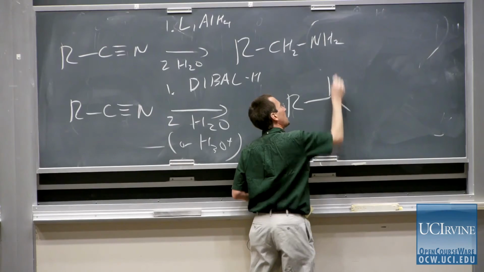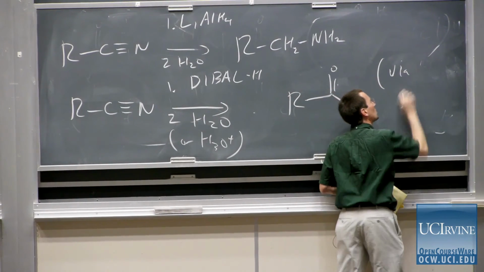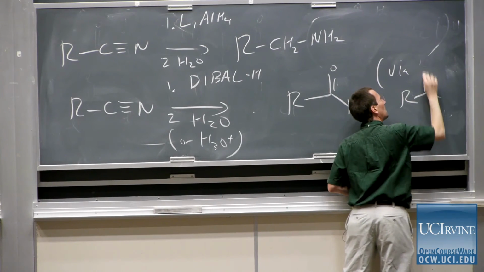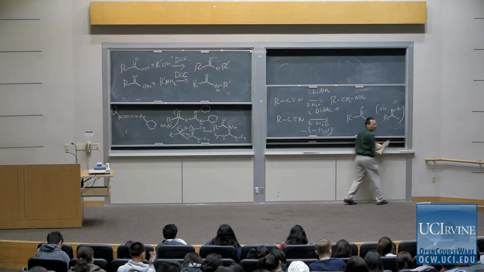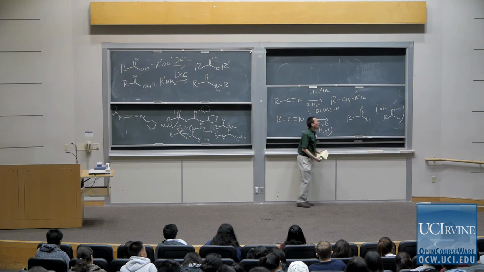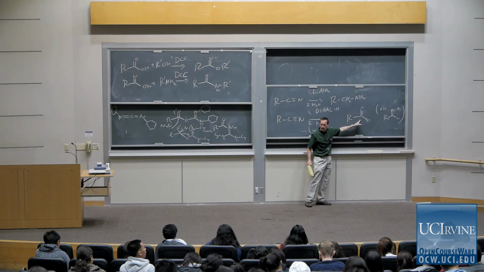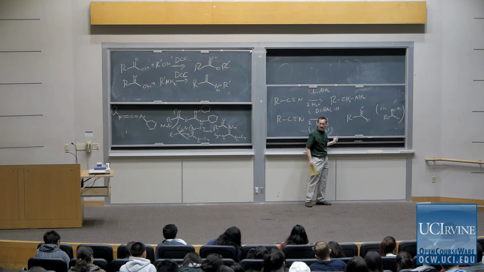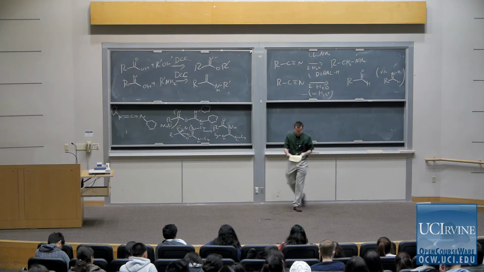Remember, you're going to get an imine initially, but as was aptly asked early on, I think by the gentleman in the 3rd row there, about primary imines: primary imines generally aren't stable and break down to the corresponding aldehyde in water conditions.